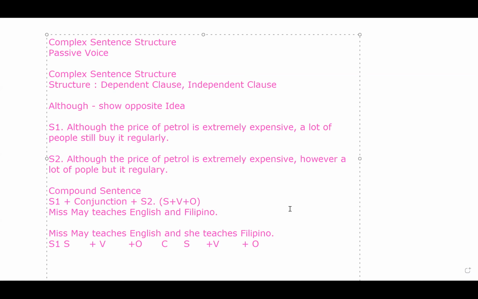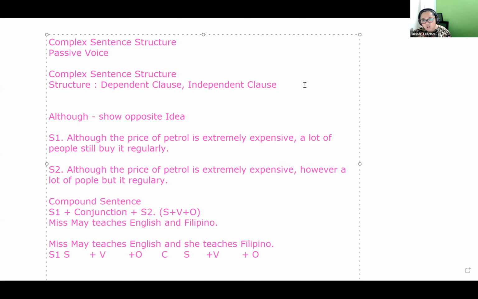So you mean we can start "Although the price of petrol is extremely expensive, a lot of people buy it regularly." So there are only certain words that you use for a complex sentence.